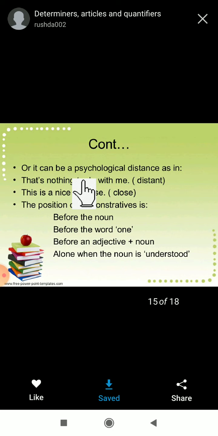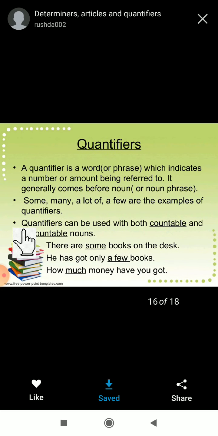It can also be psychological distance, like: that's nothing to do with me, this is a nice surprise. The demonstrative comes before the noun, before the word one, or before an adjective plus noun.